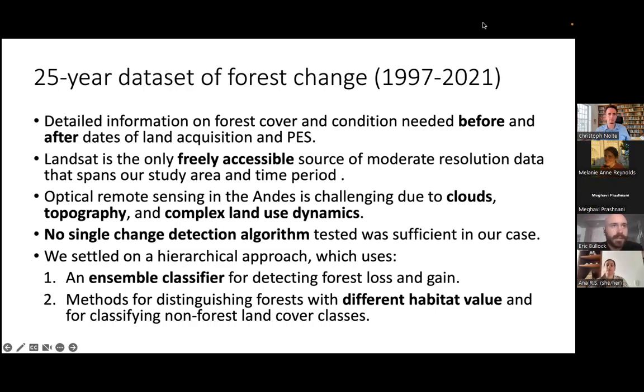We evaluated global data sets, and we did an accuracy assessment and concluded that none of them were able to give us the precision and accuracy that we need in order to effectively evaluate these land acquisitions. And so we decided, instead of relying on a single approach to classification and change detection, to use a two-part hierarchical approach, which I think actually explains better in the next slide.